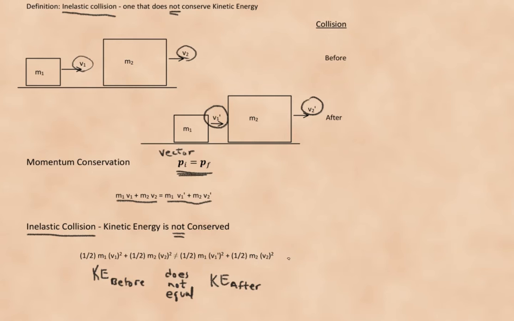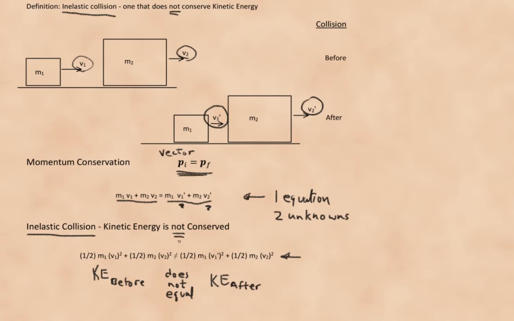So what that means is we do not have this extra equation to help us solve problems. We only have, in general, one equation with two unknowns. We normally don't know either velocity after the collision. So we have to be told something else about the problem.